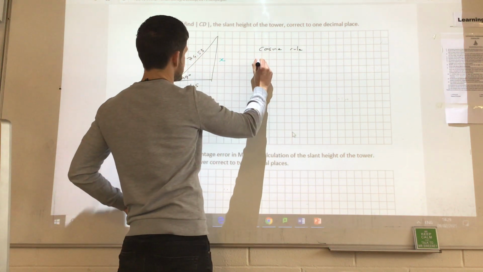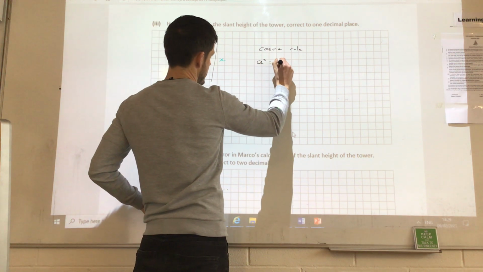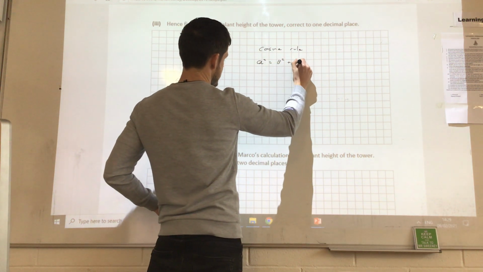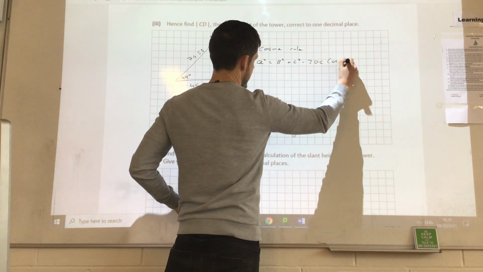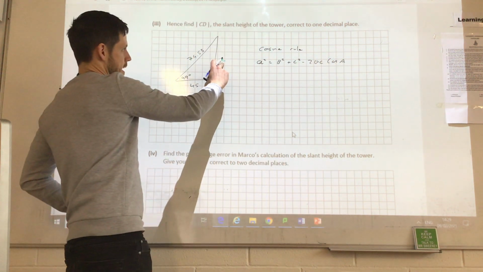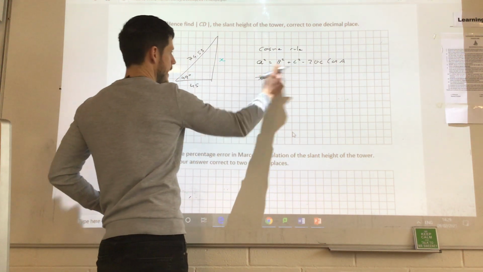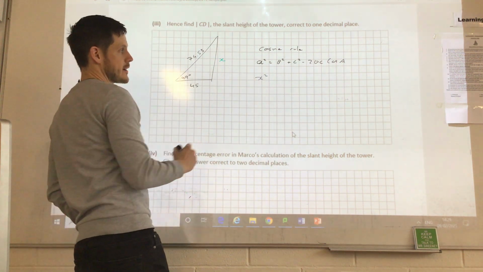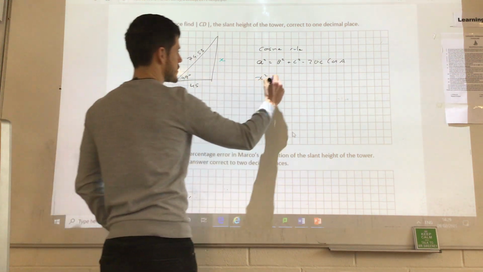And the cosine rule says that a squared is equal to b squared plus c squared minus 2bc times the cosine of A. This is my a, what I'm missing. So I'm going to write x squared, and the angle I use is going to be this angle here. So x squared is equal to b squared plus c squared. It doesn't matter which order they go in.